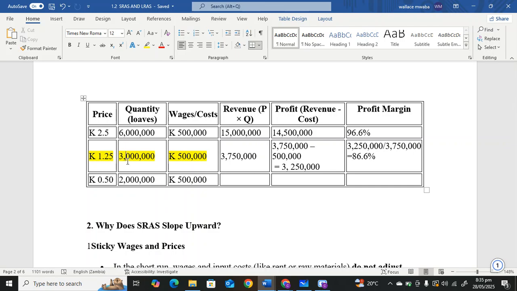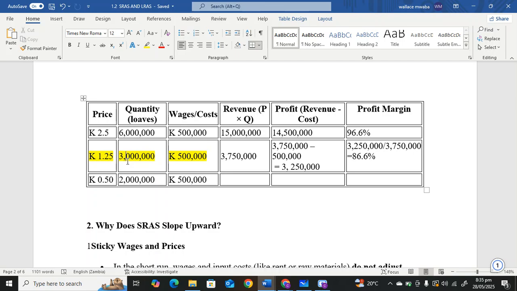And since wages are still fixed, and if the price which they're selling at is very low to cover those wages, they might even lay off workers. They might lay off workers because as the price has gone down, the wages are still fixed. They cannot take care of those expenses, or if they keep the workers, those expenses will take a big chunk of their profits. So you find companies might lay off workers.